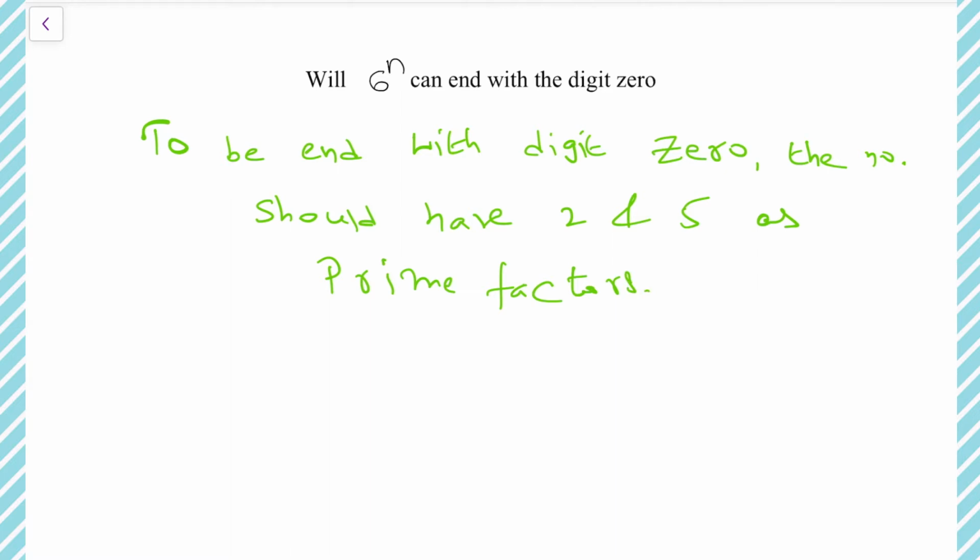Okay, now let us check. The number is given as 6 power n, that can be written as 6 whole power n, which equals 2 into 3 whole power n.